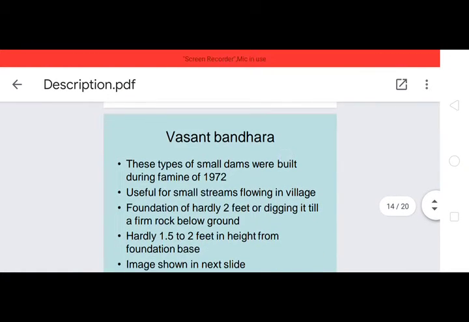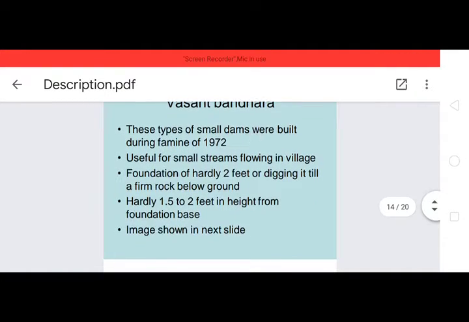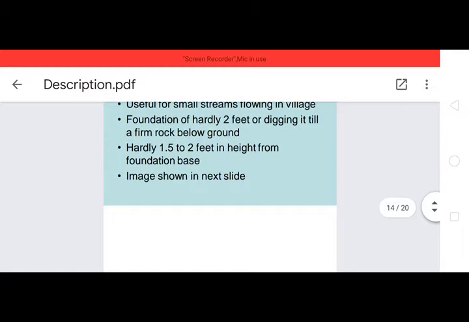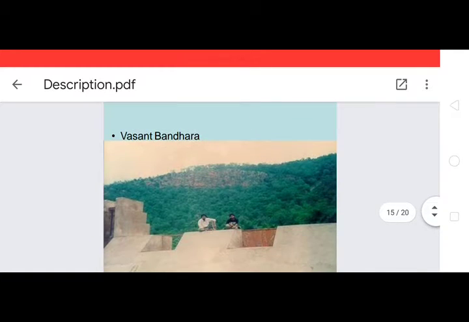The next point is Vasant Bandhara. This was built in 1972 and it is not more than 1.5 to 2 feet in height, with a foundation base, and the images are shown here.